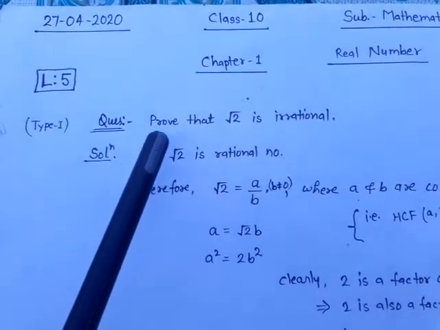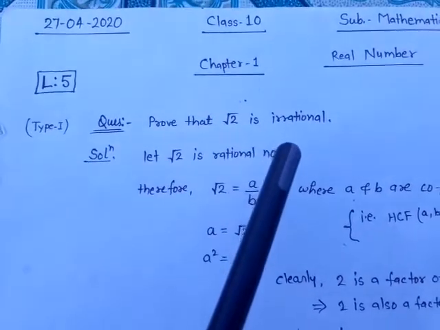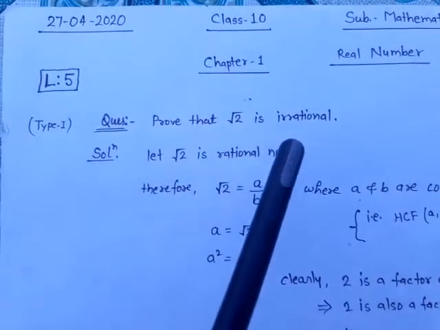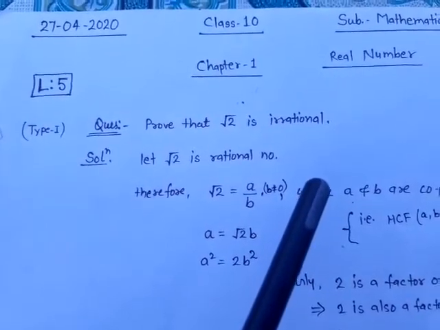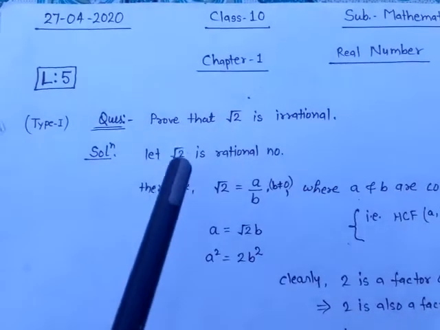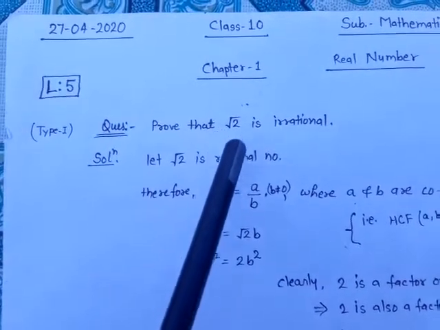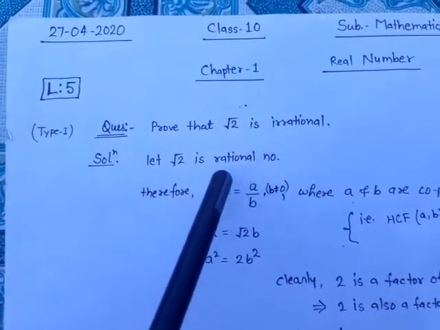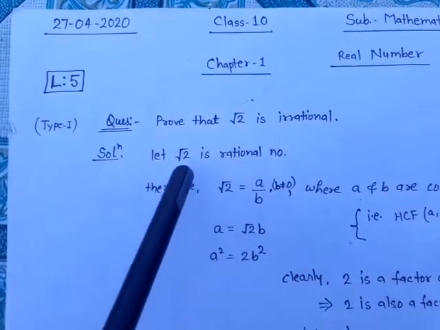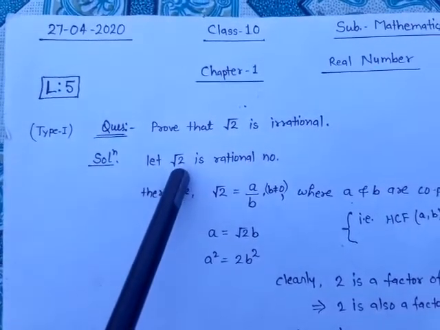First question is, prove that root 2 is irrational. These types of questions we prove by the method of contradiction. In the contradiction method, we assume just the reverse. Let root 2 be a rational number. Now we assume root 2 is a rational number, so it can be represented in the form of p by q.